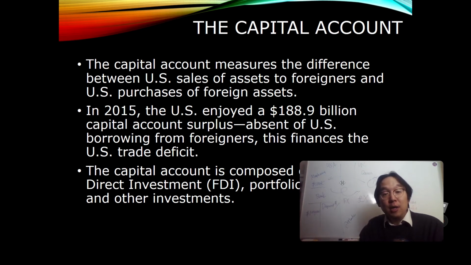And then in the United States, the U.S. enjoyed a $188.9 billion capital account surplus. Absent of U.S. borrowing from foreigners, this finances the U.S. trade deficit. Usually, you will see it later, again and again. The U.S. has been experiencing a huge amount of trade deficit, current account deficit as well, right?